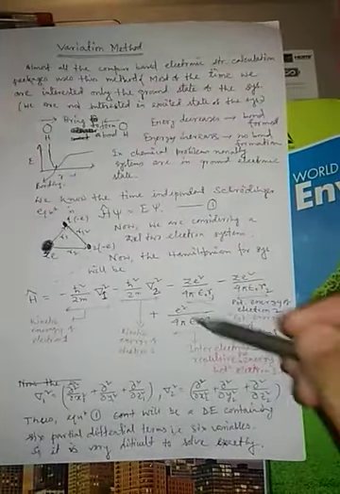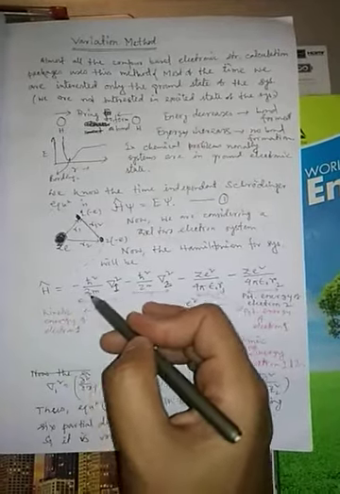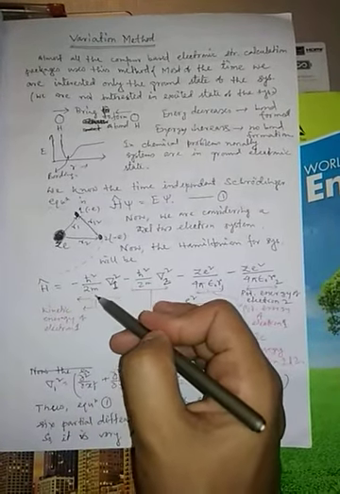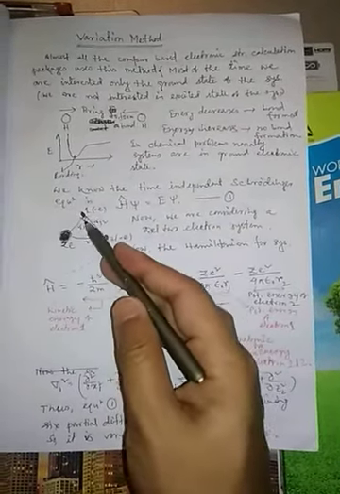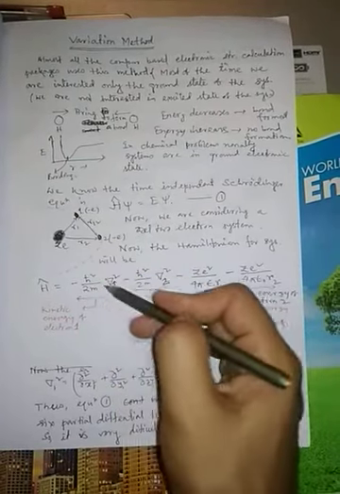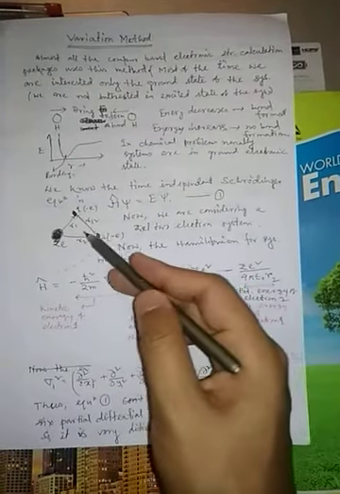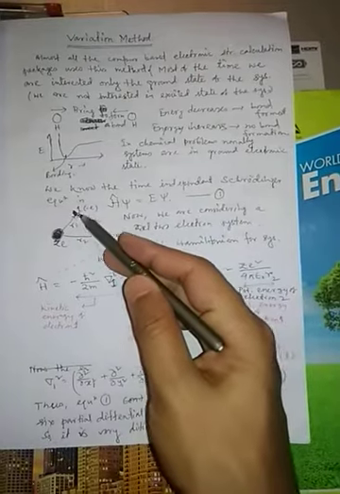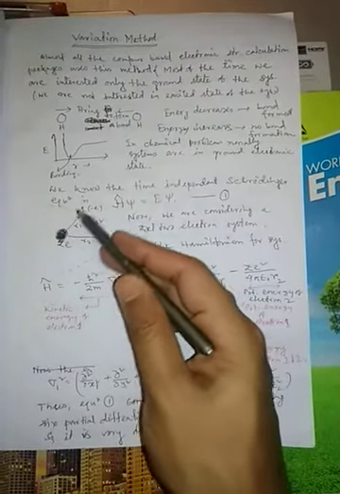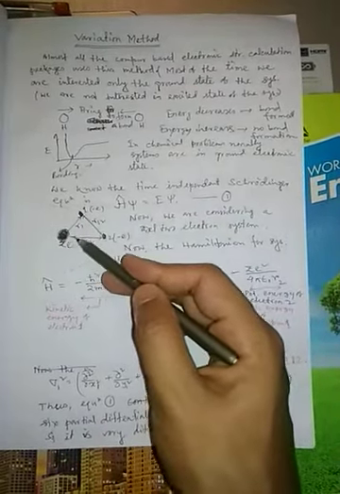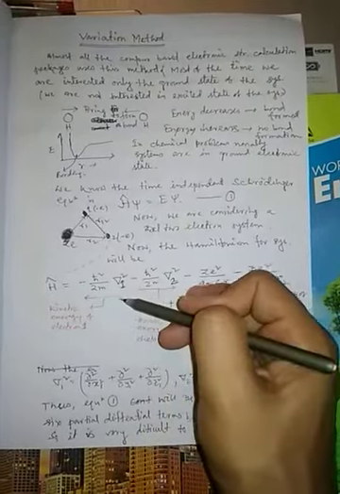Now if I write the Hamiltonian for this system, what will it become? It is minus h cross square by 2m, where m is the mass of the electron. If you want to treat the relative motion in a single way, it would be mu, but forget about this one.